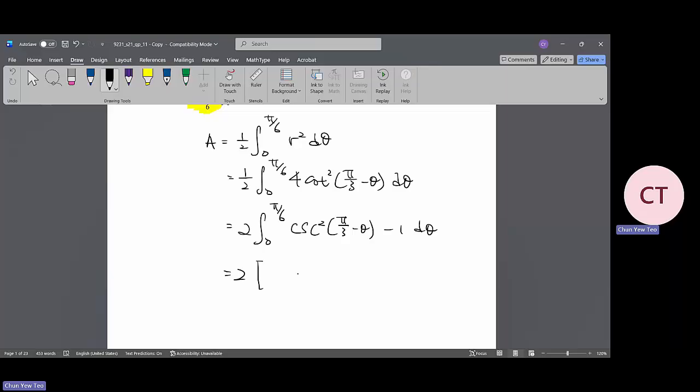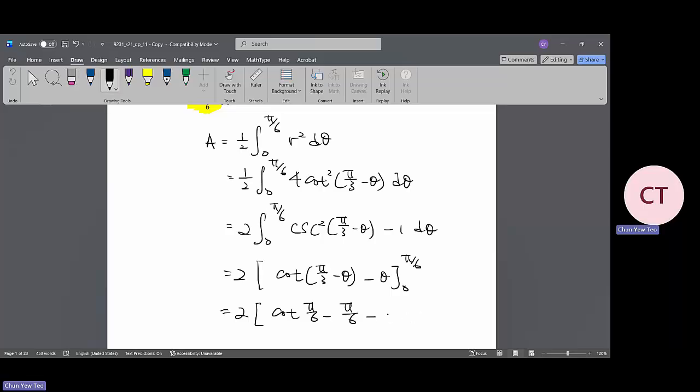Integrating cosecant squared, you will get cot. You should get a negative, but because there's a negative here again, the negative will become positive. So this will become positive, and minus theta from 0 to pi over 6. Substitute the values inside, you will get cot of pi over 6 minus pi over 6 minus cot of pi over 3.